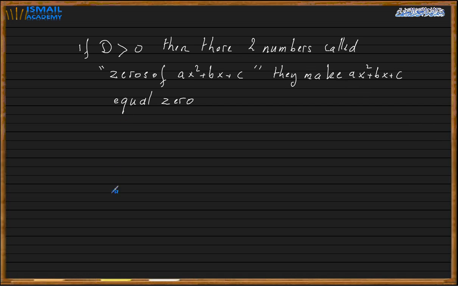So for example, x squared minus 5x minus 14. If I look for my discriminant, this is my a, this is my b, and this is my c.